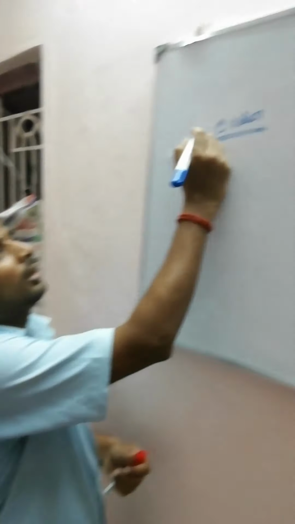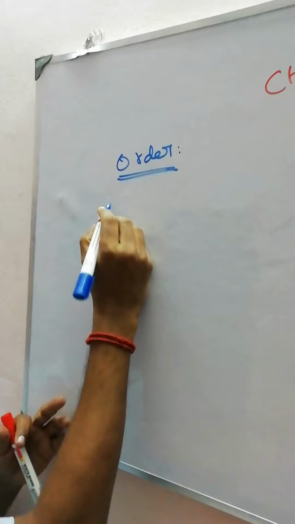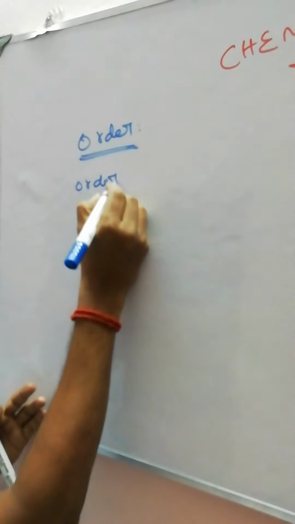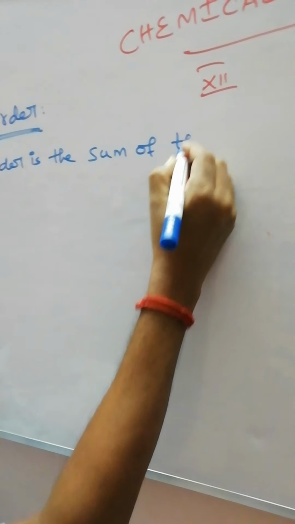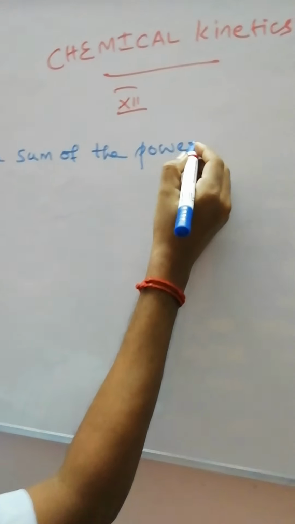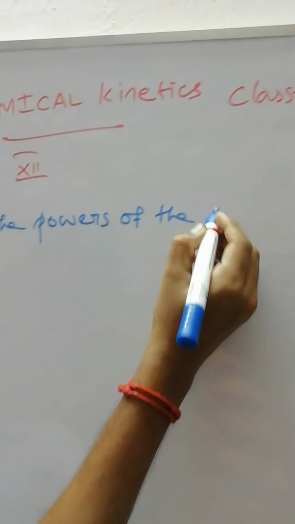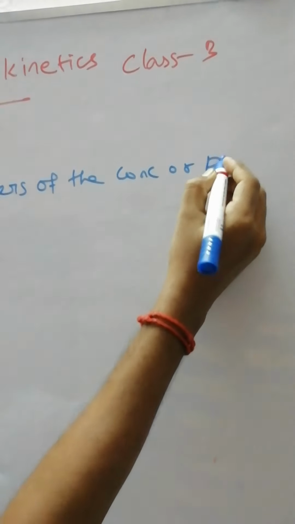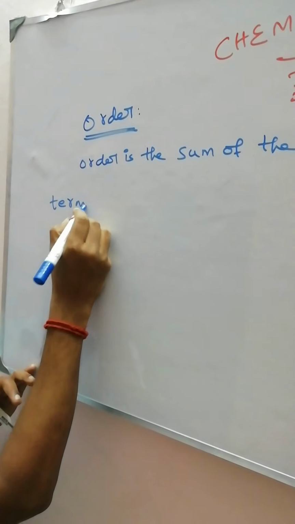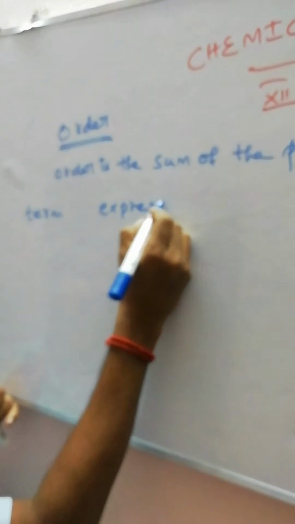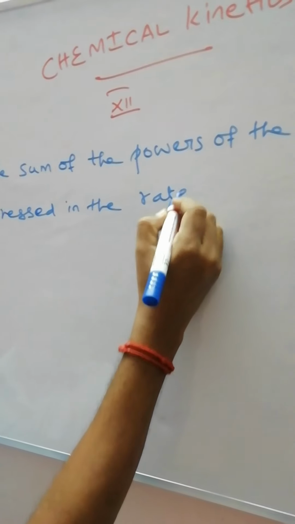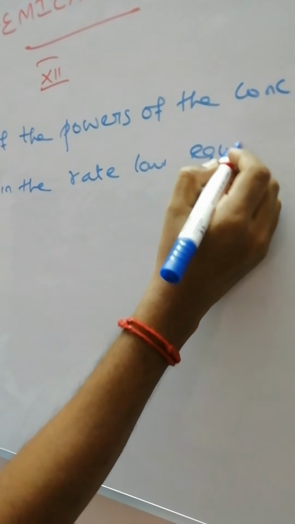So order is the sum of the powers of the concentration or pressure terms expressed in the rate law equation.